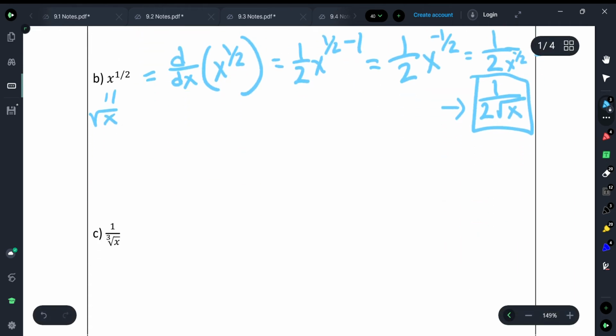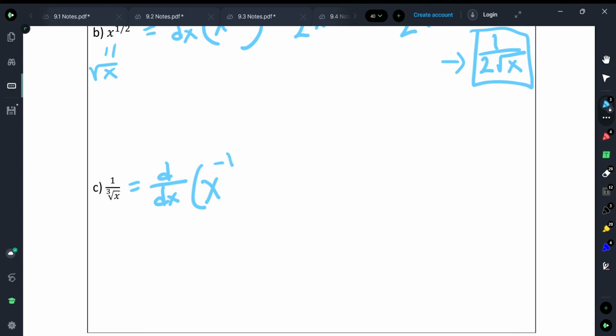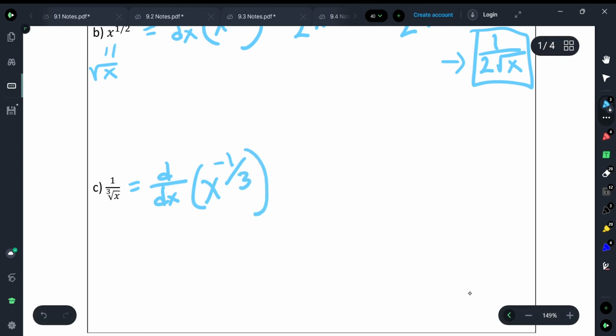Cool. All right, so maybe you should pause the video and take a challenge. Pause it and see if you can get an answer here. No problem. So we're going to take the derivative. We can rewrite this as x to the negative 1/3, because inside of the root is x to the first power, over the actual root, which is 3. Okay, so it also looks like that.